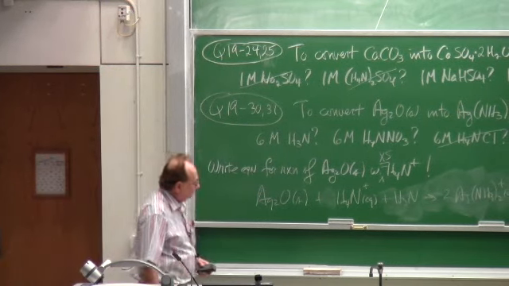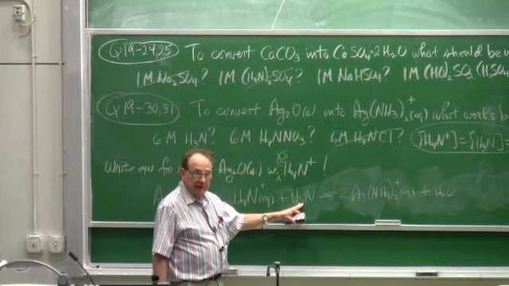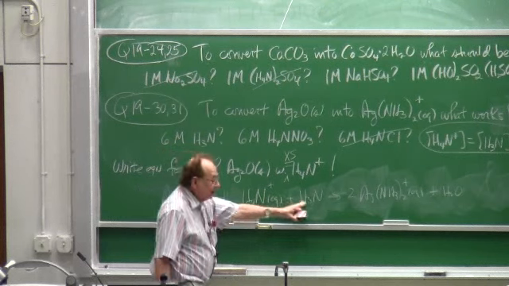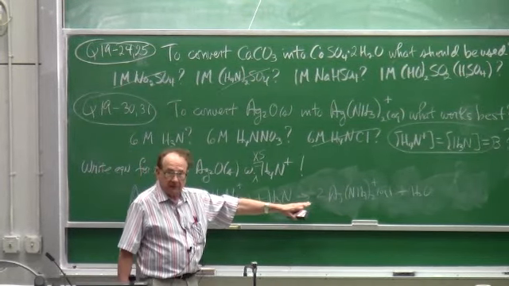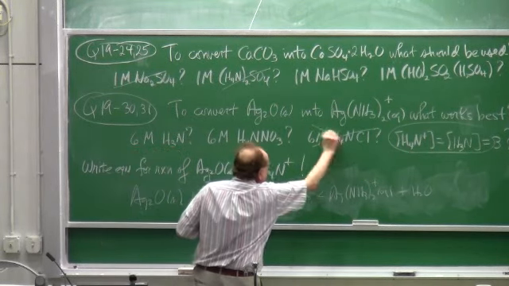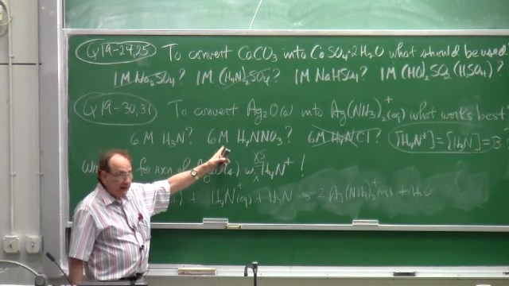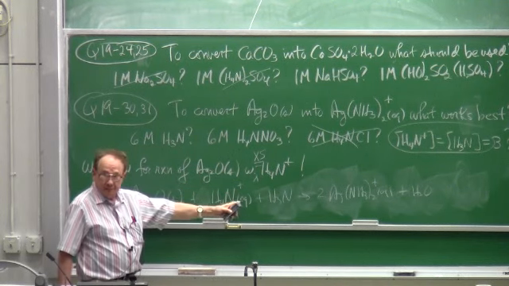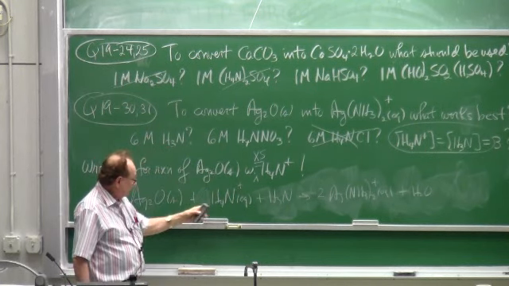The question is, after realizing that by this treatment, the double attack treatment, the ammonium ion which clobbers oxide ion and the ammonia which grabs silver ion, effectively converts this to silver ammonia complex ion, which means if you were to calculate K for each of these, well, not this one, but for the ammonia attack alone, the ammonium ion attack alone, or the double attack of ammonium ion plus ammonia, you're going to get a big K value for this. Small K value here, small K value here, big K value for this.